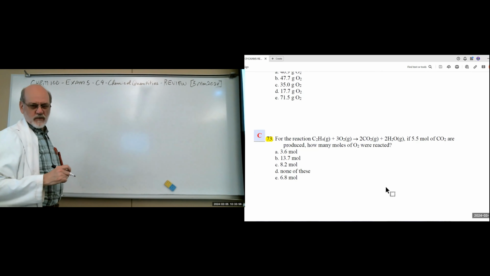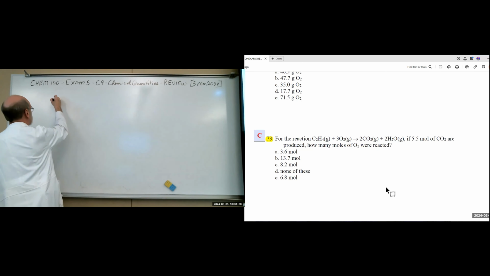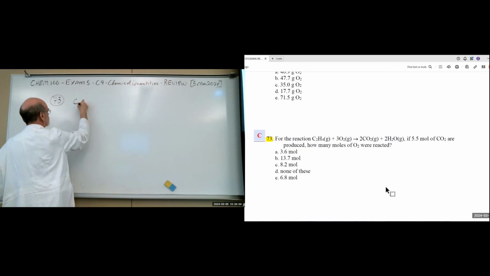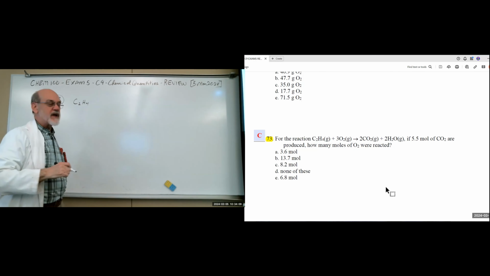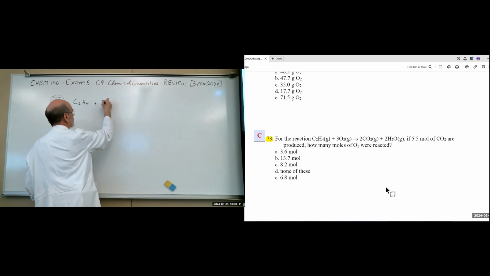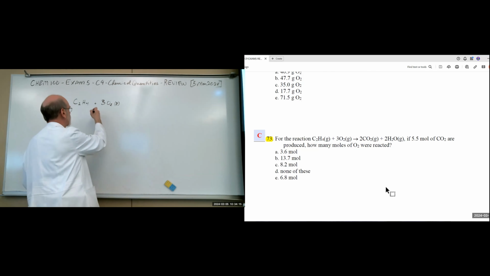And for this reaction, which appears to be balanced, C2H4 and 3 oxygen. Let's see, they're putting the phases in there anyway. Yeah, phases.